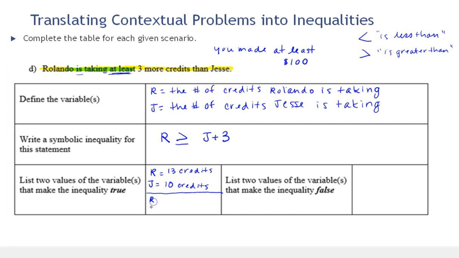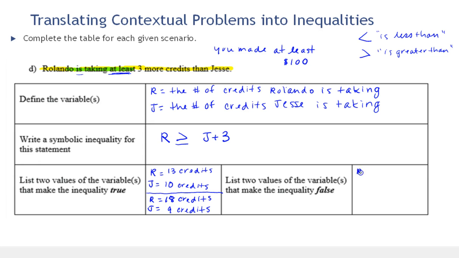Let's make an example where it's not identical. Let's say Jesse is taking 9 credits. Well, 9 plus 3 is 12, so Rolando's credits must be greater than or equal to 12. And let's give him a rough schedule. Let's give him 18 credits. Okay, so both of these values for these pairs of variables make this inequality true.